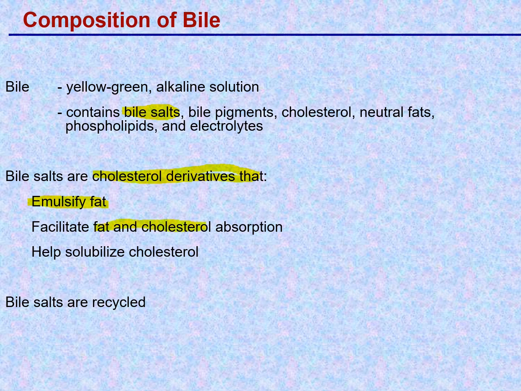It helps to essentially solubilize the cholesterol. It allows you to have small droplets of fat. Remember, the bile salts are in the bile, and the bile is being secreted into the small intestine, the duodenum.